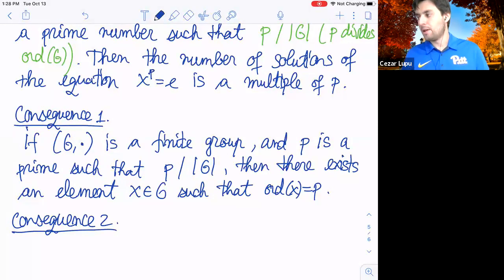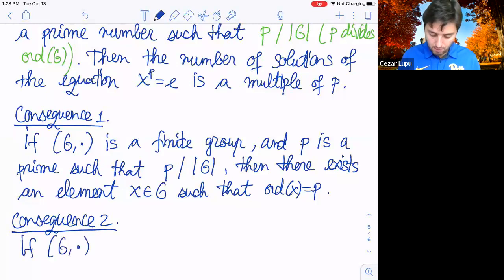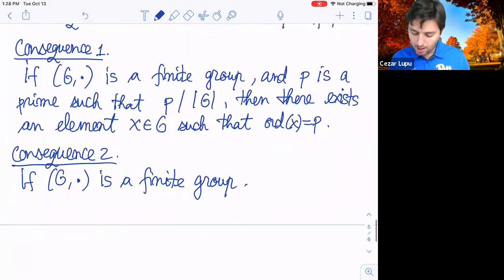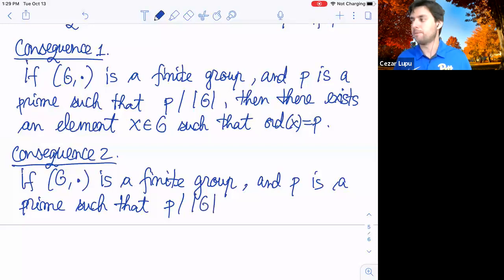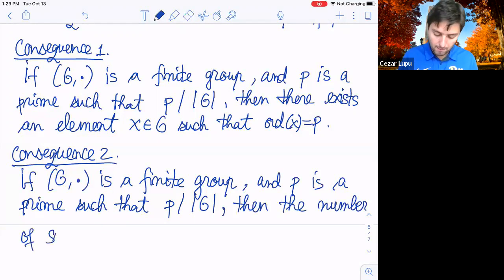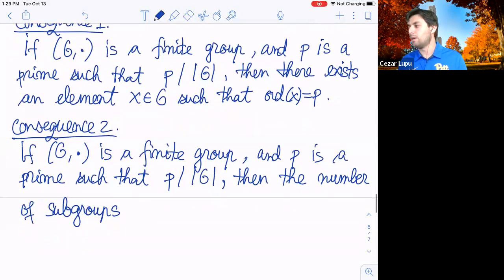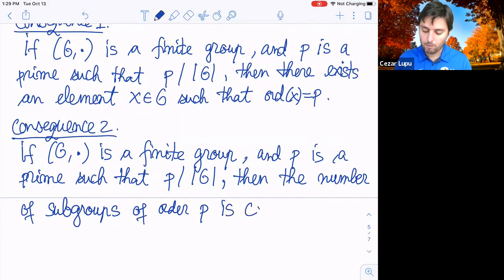Number 2: again, if G is a finite group, and P is a prime such that P divides the order of G, then the number of subgroups of order P is congruent to 1 mod P, and we have seen what this means.